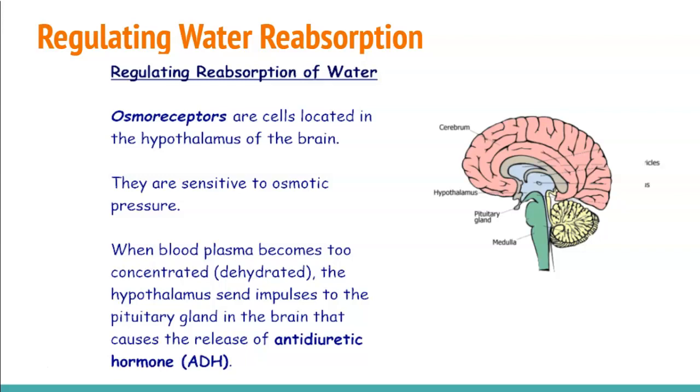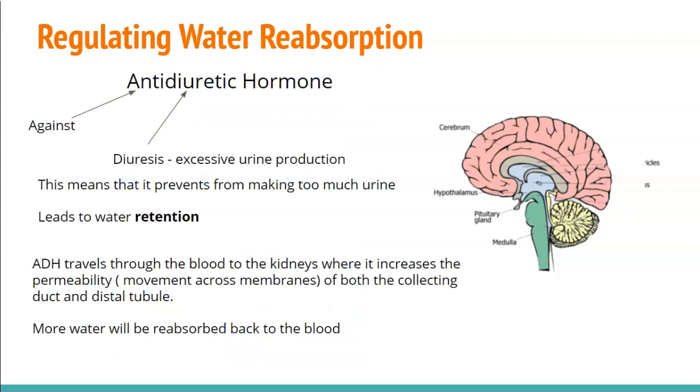When we become too dehydrated, the hypothalamus sends an impulse to the pituitary gland. This is the pituitary gland right here. The pituitary gland releases something called the antidiuretic hormone, or ADH. Antidiuretic hormone means against diuresis, meaning excessive urine production.